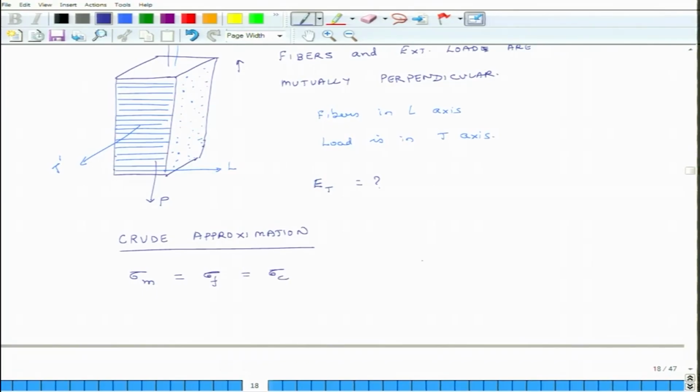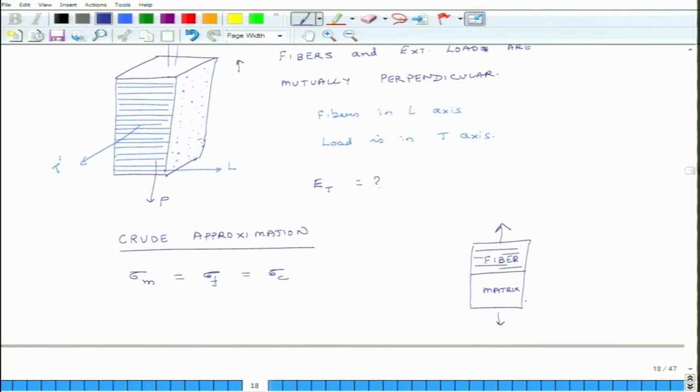Why? Because we can idealize this entire sample as a slab of fiber and a slab of matrix, with fibers running like this, and if I pull it like this.